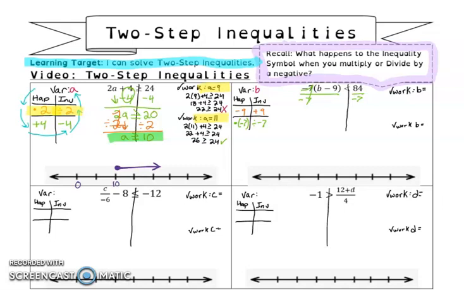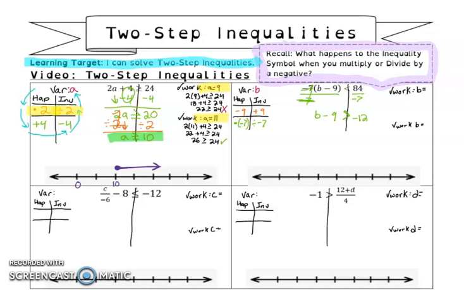And notice I get rid of the negatives. I cover them up with my really weird fancy 1, because then I can just say I have b minus 9 left. And then 84 divided by negative 7 gives me negative 12. And because I divided by a negative, I'm going to flip this inequality symbol the opposite direction.